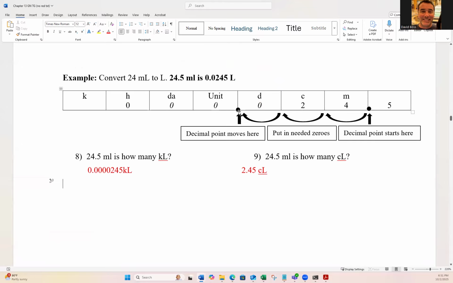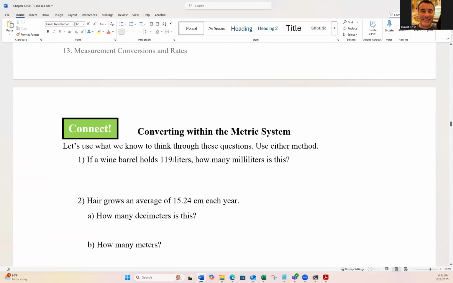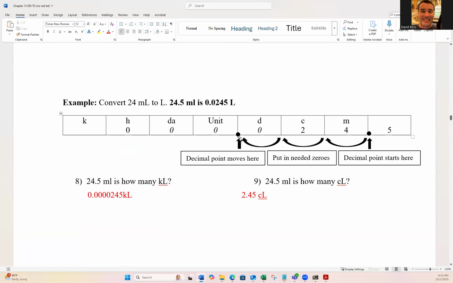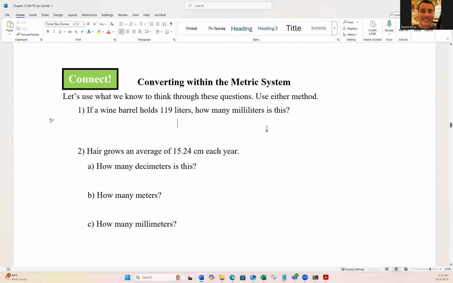We want to know milliliters, so we're going to have to add 1, 2, 3 zeros. You're going to do 119, move the decimal to the right 1, 2, 3 times, which gives us 119,000 milliliters.